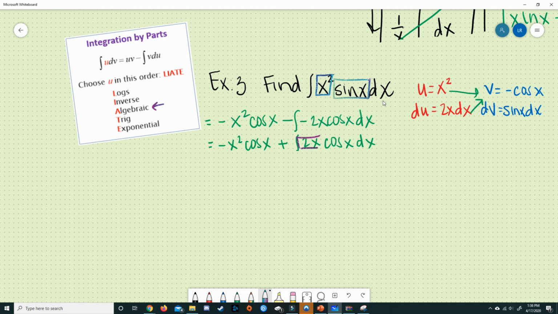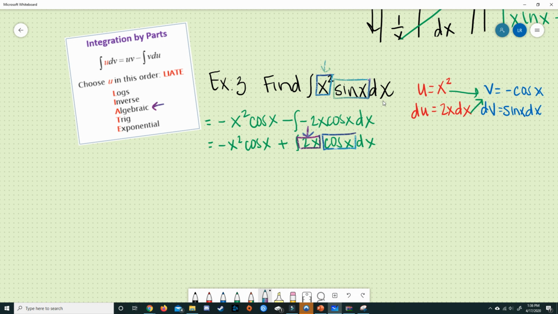I have 2x times cosine of x. Because I have another product, I'm going to apply integration by parts again. One thing to keep in mind is that if you assigned this to be u the first time, then its derivative must be u the second time.